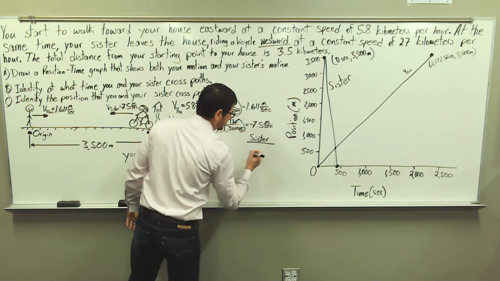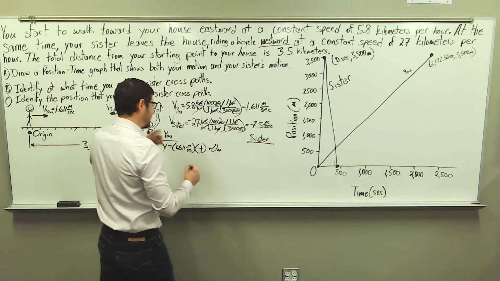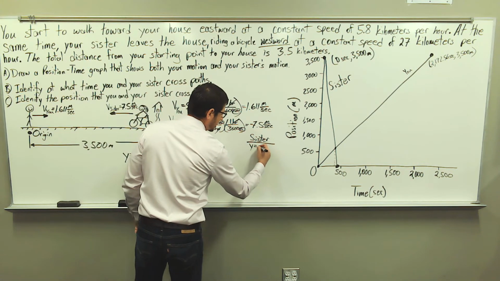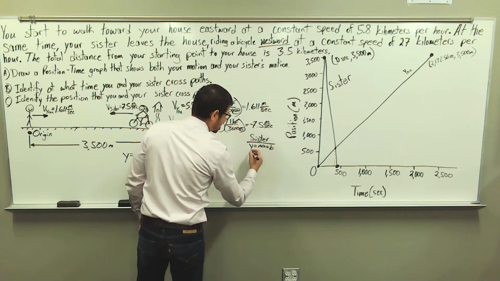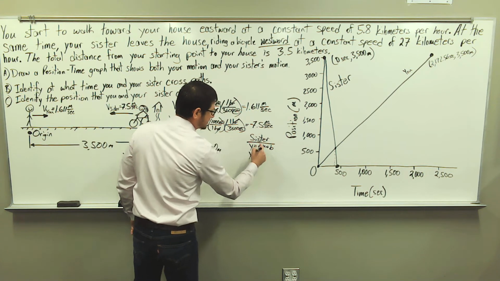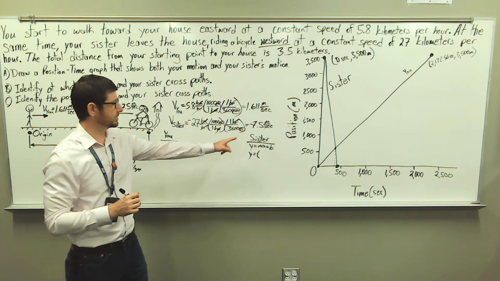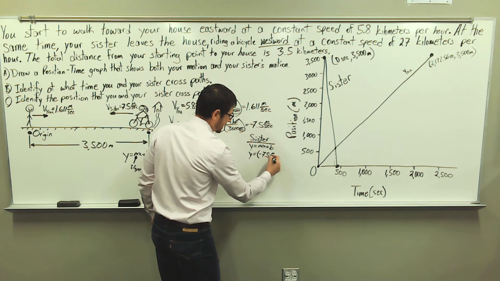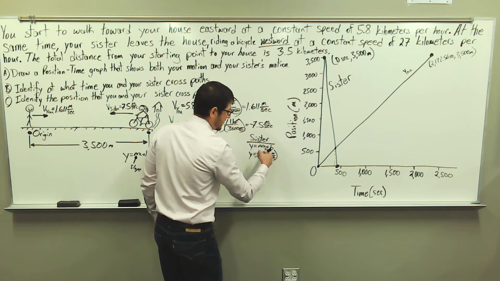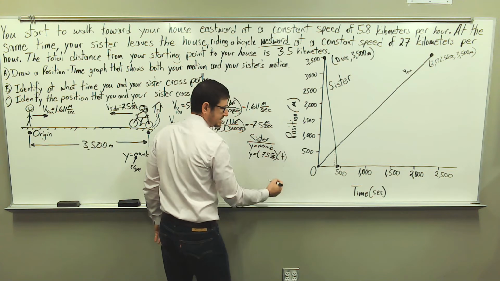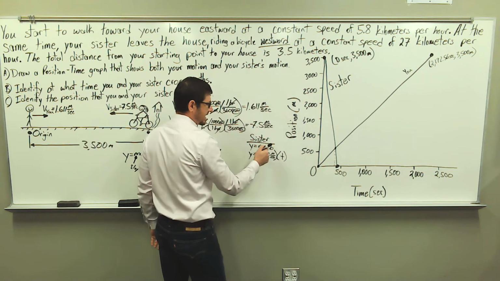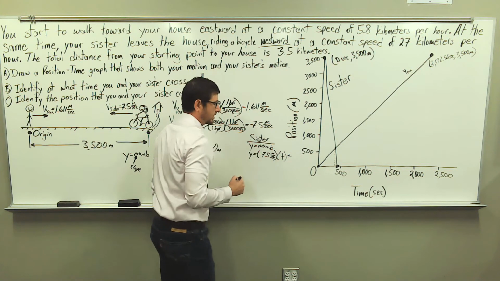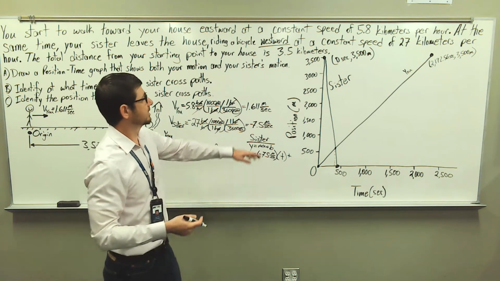For your sister, we have y equals mx plus b. So y is equal to m, which represents the slope. The slope of the line is negative 7.5 meters per second. X is t, in this situation time, plus b. What is the y-intercept of this sister?